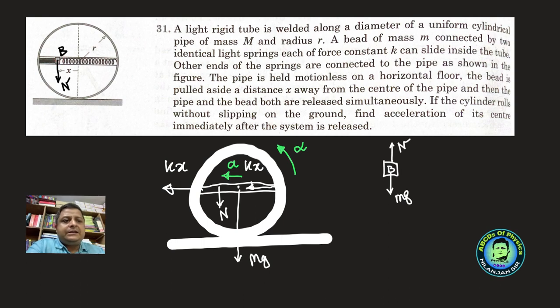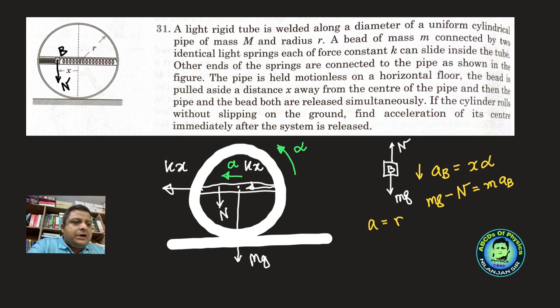How much is it? Acceleration of block B, AB, is equal to x times alpha. So we can write the force equation, Newton's law: mg minus N is equal to m times AB. Now you can substitute AB is equal to x times alpha, and also due to pure rolling, a is equal to r times alpha.